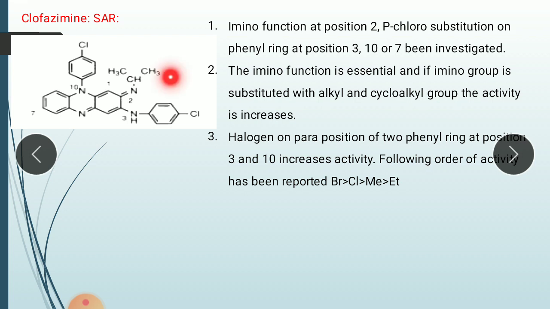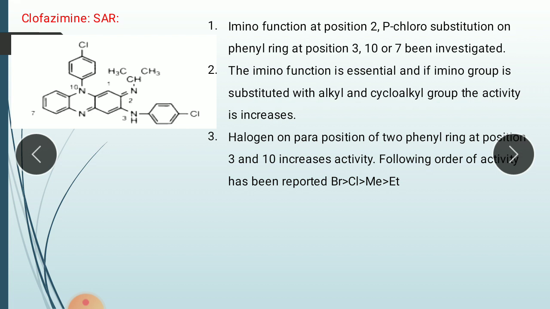The order of halogen is bromine, chlorine, methyl and ethyl. If bromine is present on the para position of the phenyl ring, it gives more activity than chloro; similarly, chloro gives more activity than methyl and ethyl.